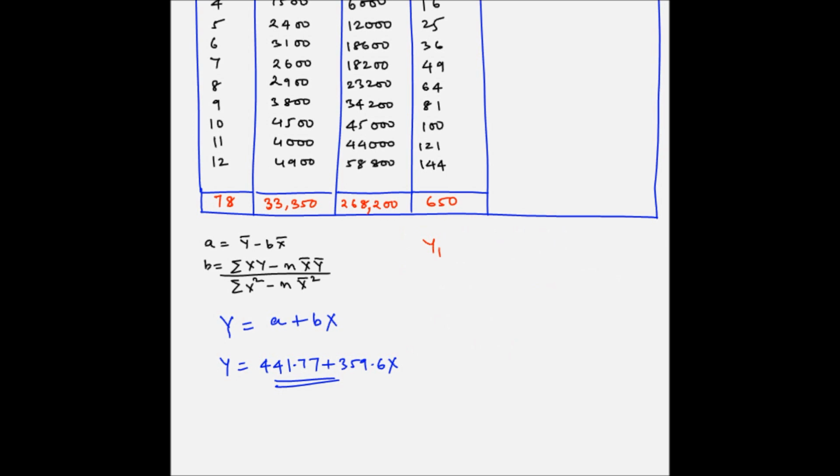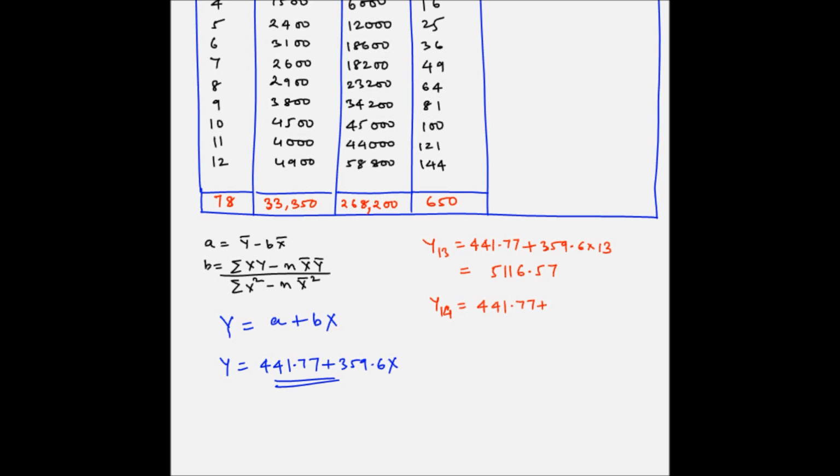So y for the 13th quarter is equal to 441.77 plus 359.6 multiplied by 13. So this is equal to 5116.57.